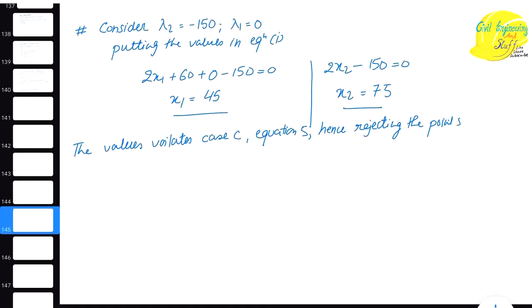So we'll take case 2, and case 2 is, that is, x1 minus 80 is equals to 0. Okay, so from this we have x1 is equals to 80.